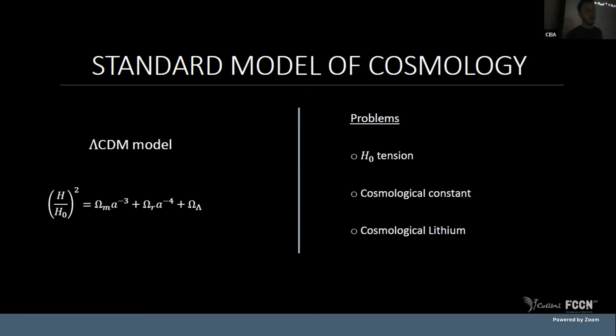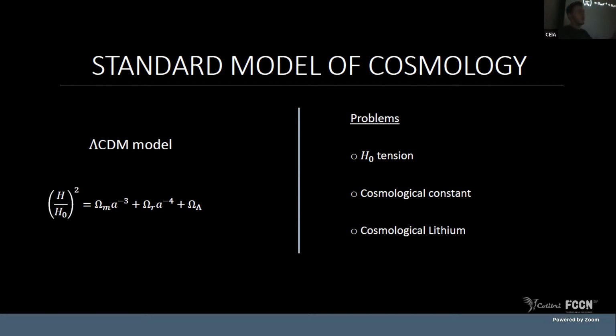But as has already been spoiled, we have some problems with this model. I'm just going to name a few. One of them is the H0 tension. What is that? We have several ways of measuring H0, this Hubble parameter, and they are in tension with one another. What does that mean? They do not agree.